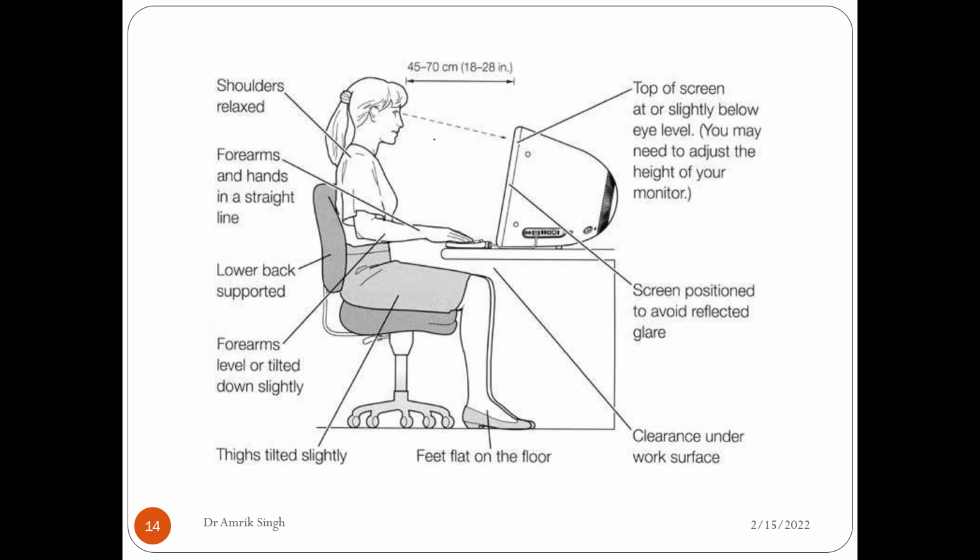Here you see the visual conditions. It should be between 18 to 28 inches from the monitor, or nowadays if there are no monitors, there can be a laptop, there can be a desktop. The top of the screen should be slightly below eye level. So you may need to adjust the height of your monitor accordingly. Clearance under the work table is important. The screen position should avoid reflected glare.